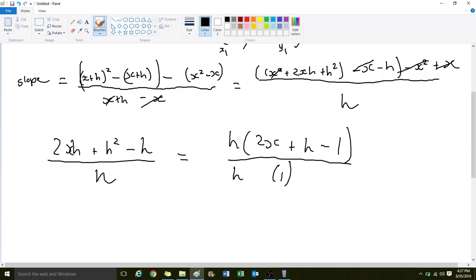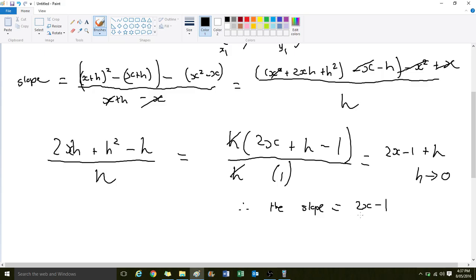And those two can cancel, so what we have is 2x take 1 plus h. But remember, h approaches 0, so therefore the slope function equals 2x take 1.